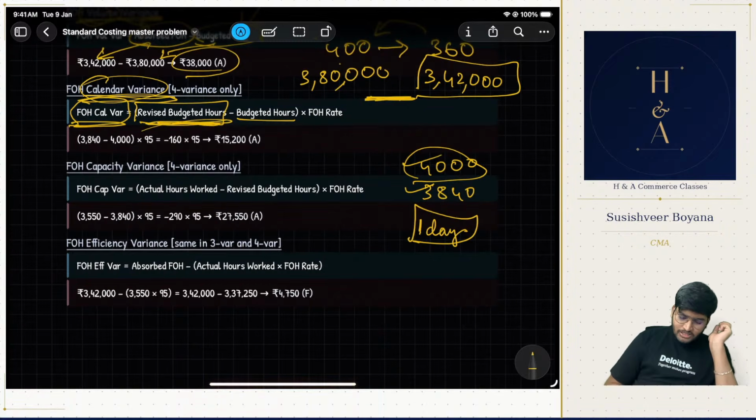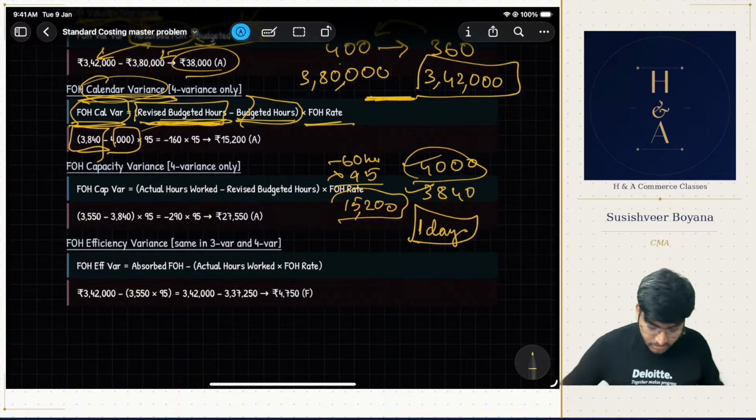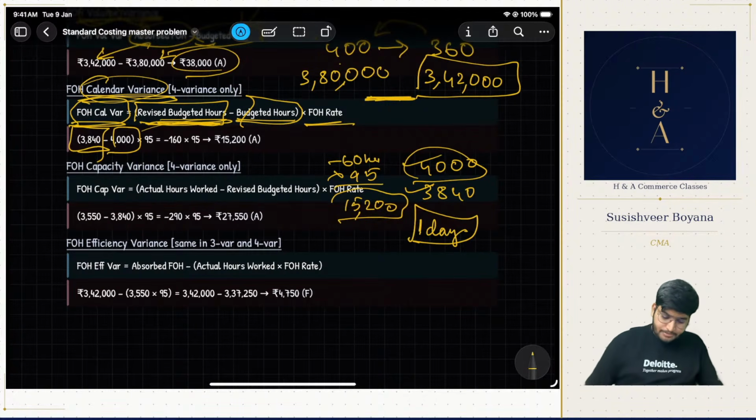So, revised budgeted hours 3,840 minus budgeted hours 4,000. So I am seeing a net of 160 hours being negative, but I should also get it in amounts. So multiply by 95. That is the fixed overhead rate. Sorry, 15,200, right?